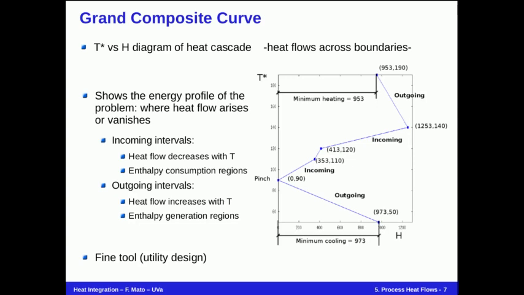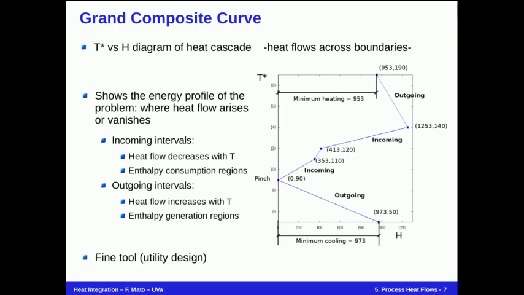We will finish by talking about the grand composite curve, which is the temperature versus enthalpy diagram of the heat cascade, where we represent displaced temperature versus enthalpy flow. So this is just graphing the heat flows across each boundary.